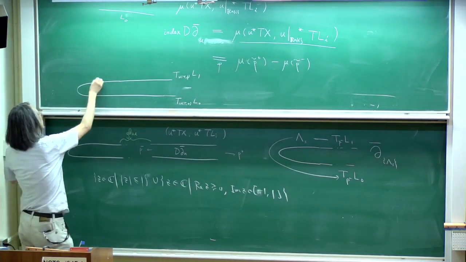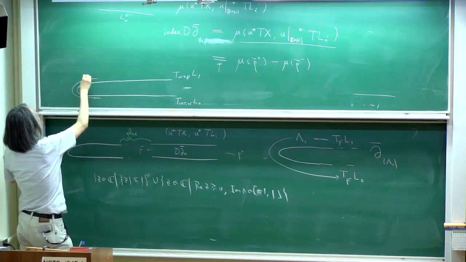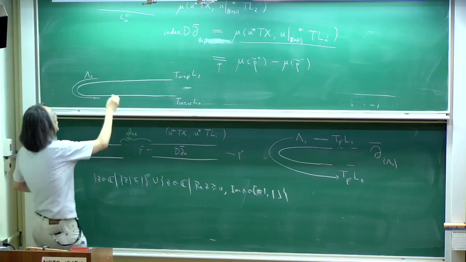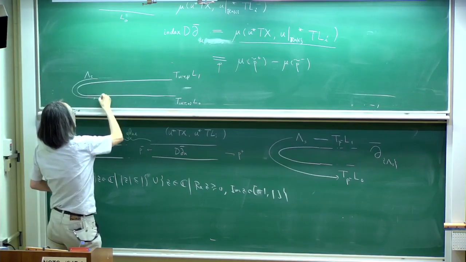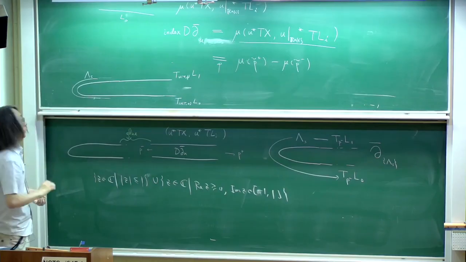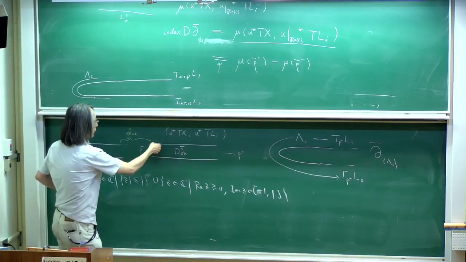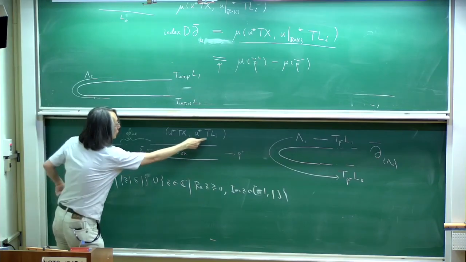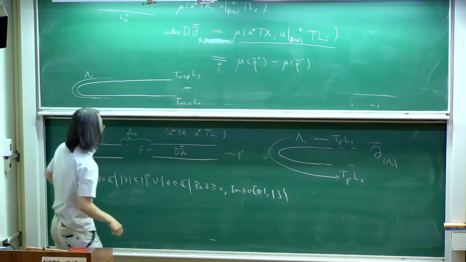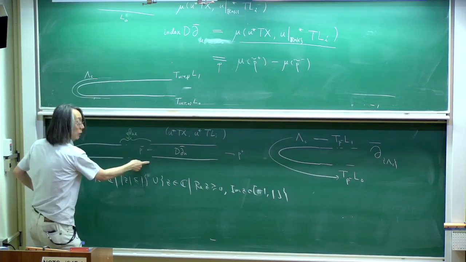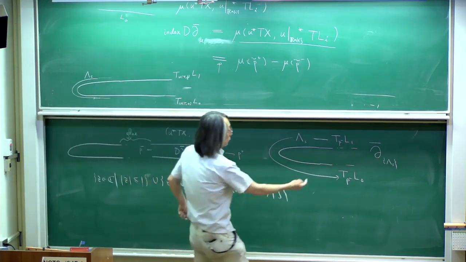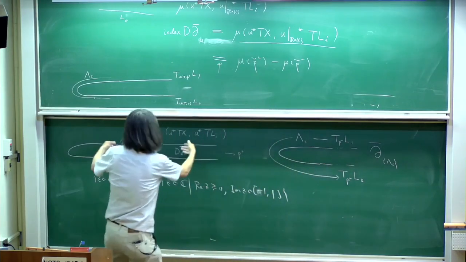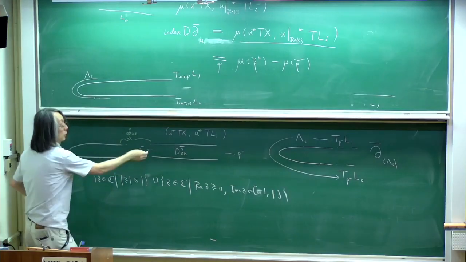But here I use just this lambda s. And here I just join them continuously, because this is always converging to the tangent space of this T P minus of L1 or T P minus of L0, and because this one starts with T P minus L1, T P minus L0, therefore somehow we can just glue these conditions together.